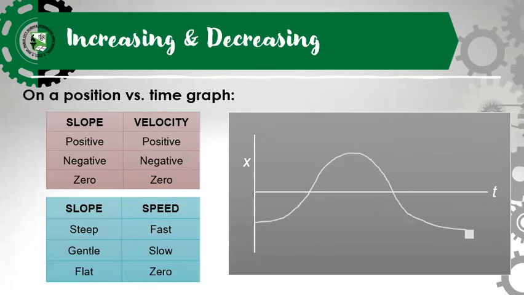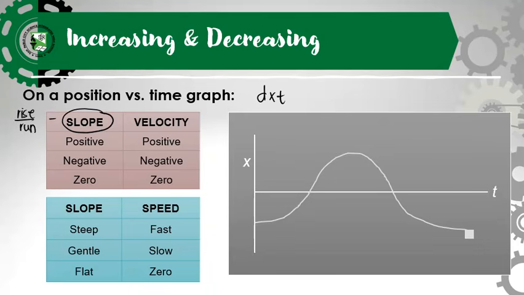So, may mga factors tayo kino-consider when analyzing para mas madali tayong makapag-analyze ng velocity and acceleration with respect to our given graph. Okay? So, on a position versus time graph or DXT, okay? So, when your slope, rise over run, kung ang slope mo daw ay positive, positive din yung mako-compute mong velocity.